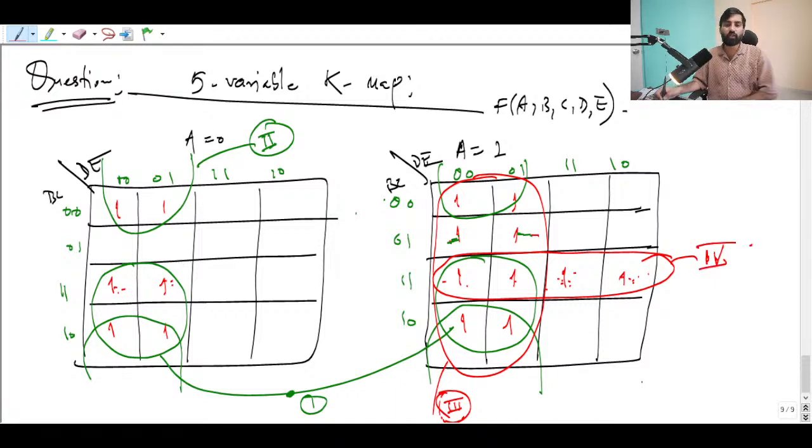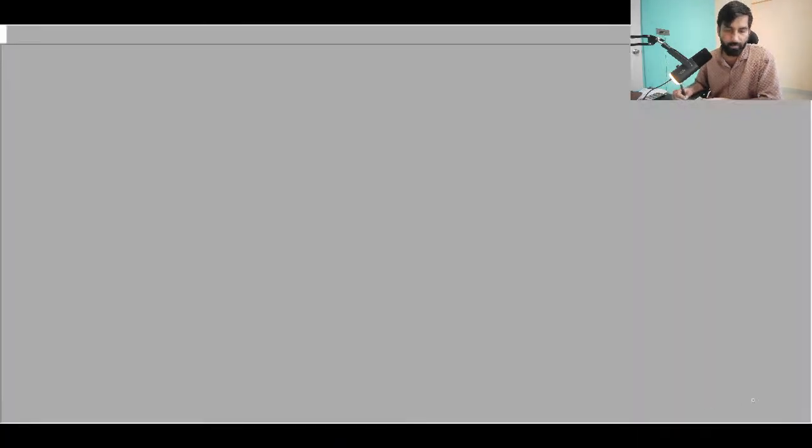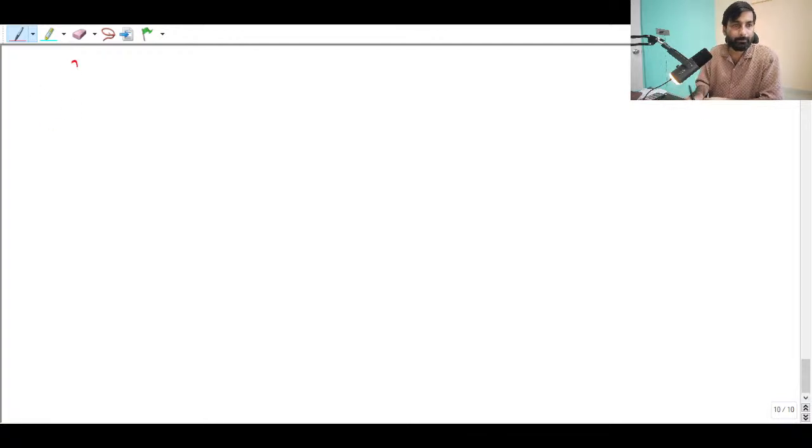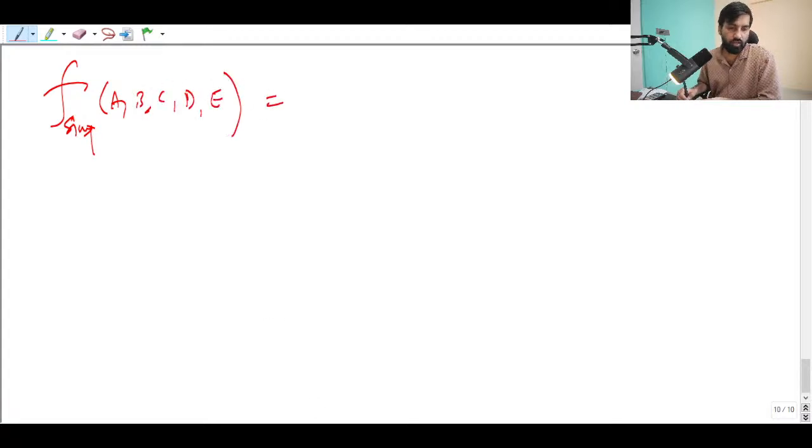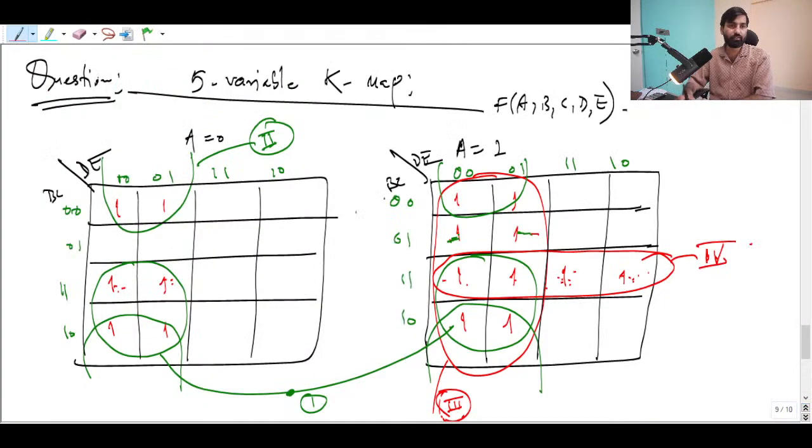Now how to write the minimized expression, that is the question, right? So I'm just going to write the minimized expression, the simplified version of that A B C D E. Let me take first. If you look at first, what terms they will give you, how many literals will be present, that is also very important.